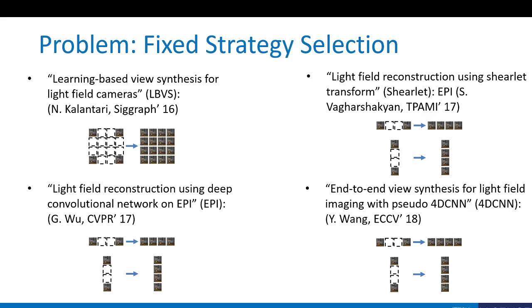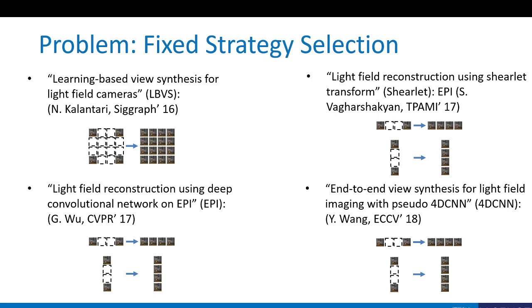Although those state-of-the-art methods have achieved impressive performance on the light field reconstruction task, only limited attention has been paid by them to the view selection strategies. And all those previous works only arbitrarily select one fixed input strategy.